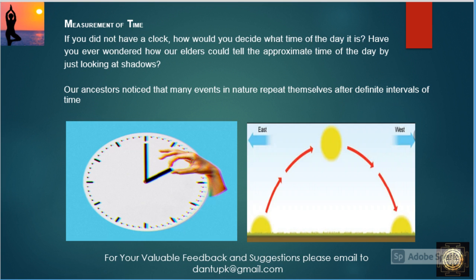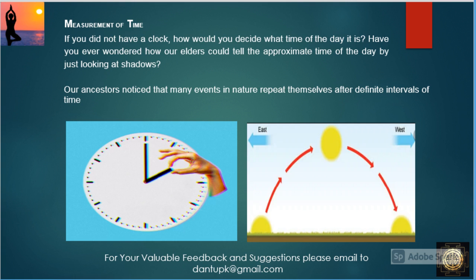If you did not have a clock, how would you decide what time of day it is? Have you ever wondered how our elders could tell the approximate time of the day by just looking at the shadows? How do we measure time interval of a month, a year? Our ancestors noticed that many times events in nature repeat themselves after definite intervals of time.